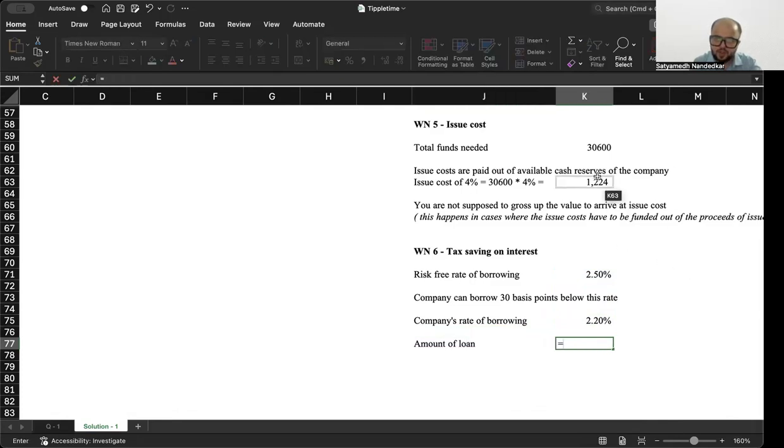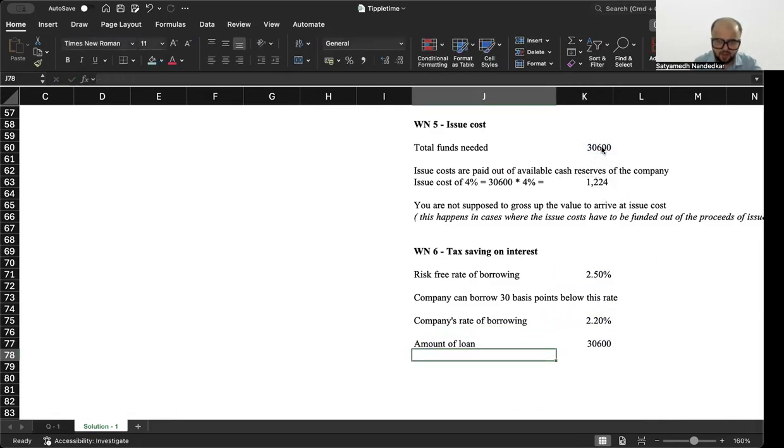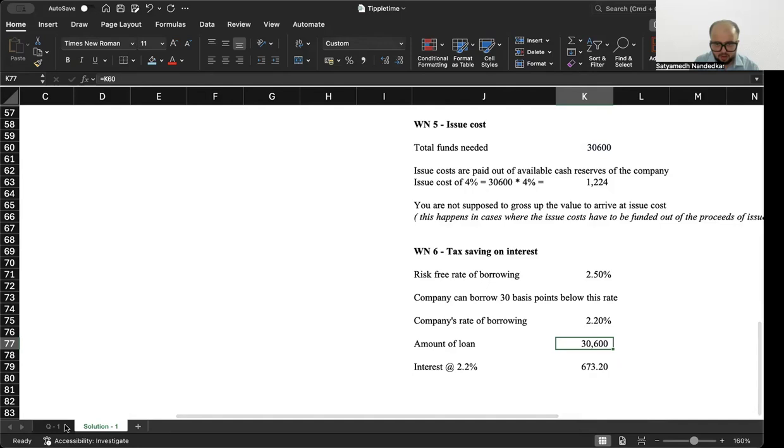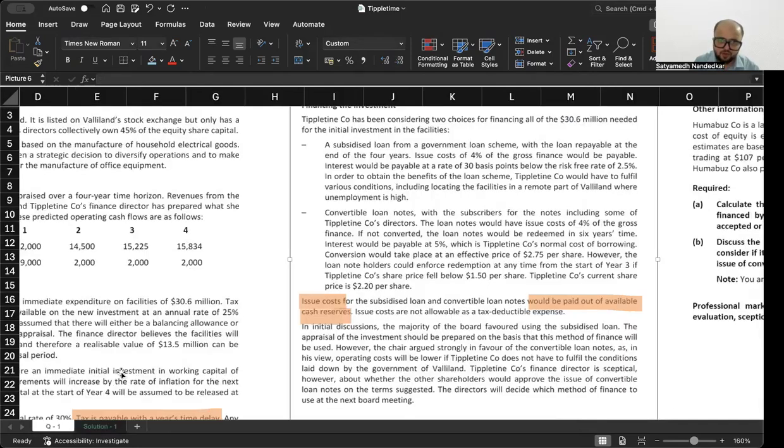The amount of loan is 30,600. So the interest at the rate of 2.2% would be this into 2.2%, which is 673.2. Now, this interest will be incurred each year for 4 years.